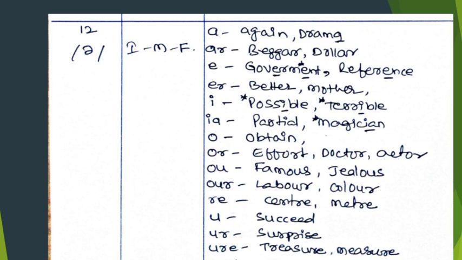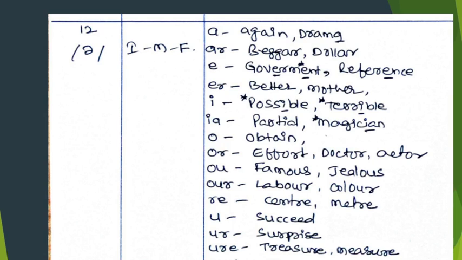with ER better, with I possible, with IA partial, with O obtain, with OR effort, with OU famous, with OUR labor, with RE center, with U succeed, with UR surprise, with URE treasure, with OUGH thorough.